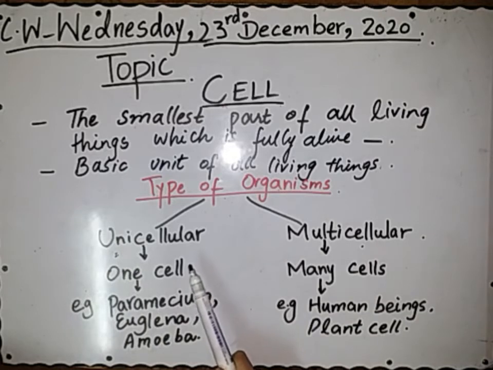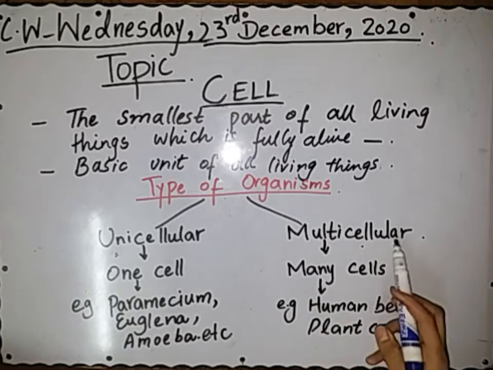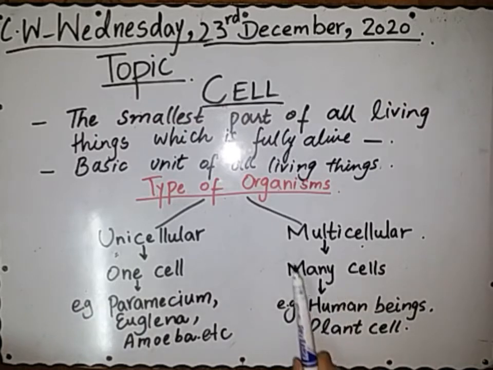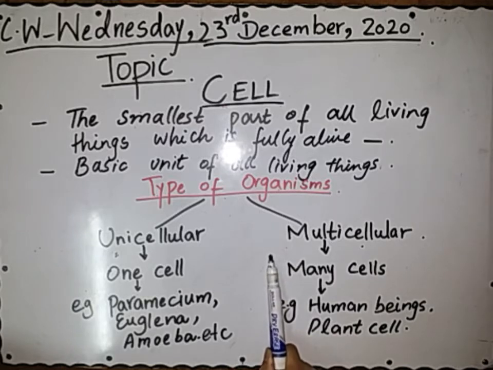So those organisms are known as unicellular organisms. Examples are paramecium, euglena, amoeba, etc. And those organisms consisting of many cells, where there is a division of labor among these cells, are known as multicellular organisms. Every cell in a multicellular organism performs a specific function. For example, human beings, plant cells.